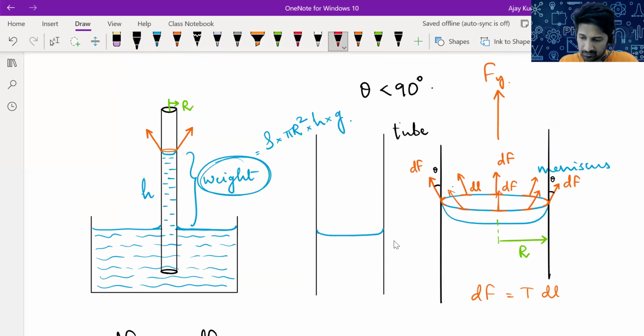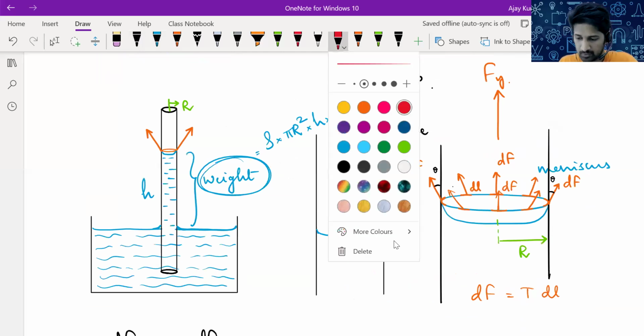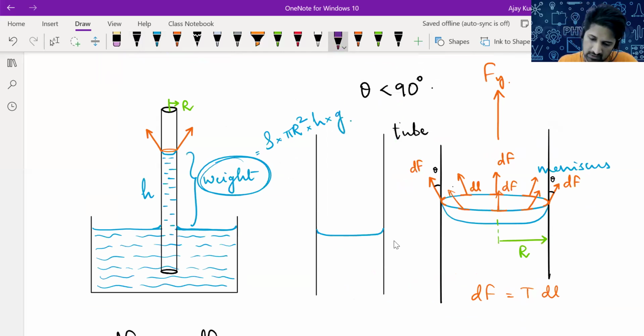Observe that this is an open tube. Tube is open at both the ends. So at the upper end of the tube, just outside the meniscus, the pressure is atmospheric pressure. Now at this level, the pressure is atmospheric pressure. Once the liquid settles to a certain height, at this height inside the tube also, the pressure will be atmospheric pressure itself.